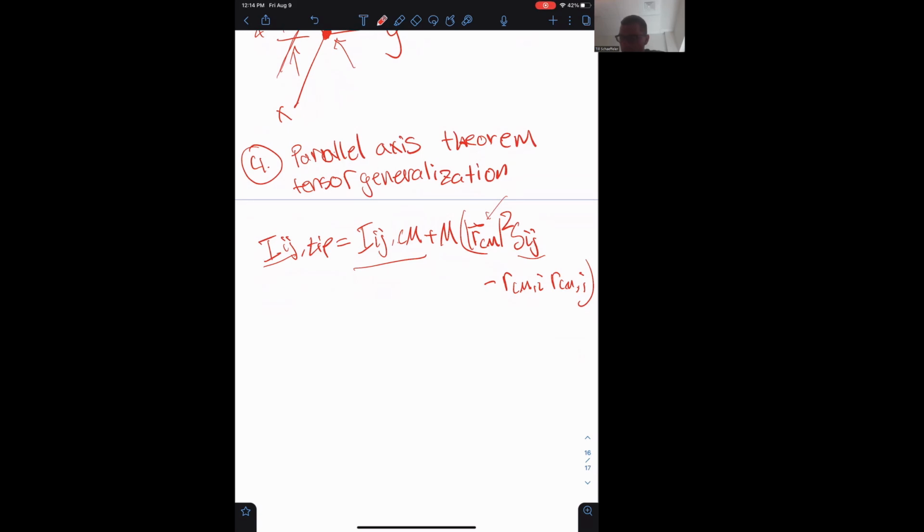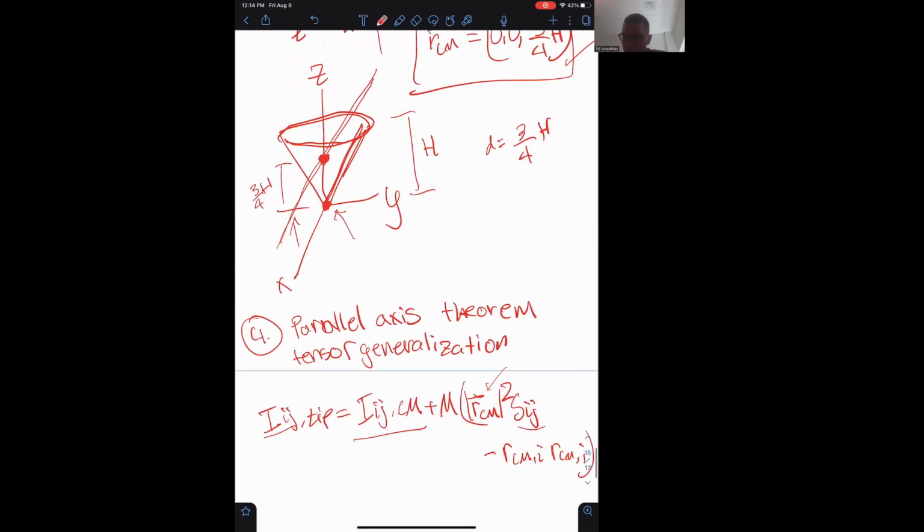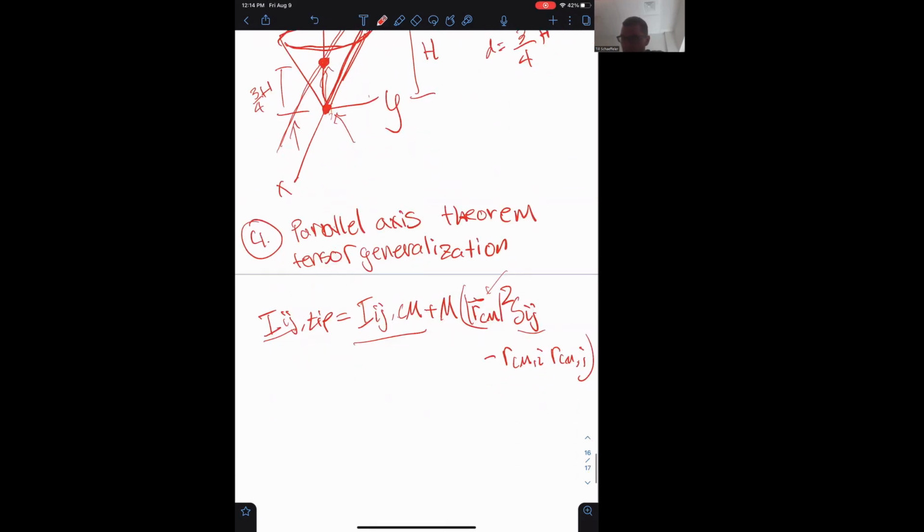And if we look at this, the only parts that are going to be non-zero are the ones that move from the original coordinate origin to the new center of mass origin. So what does that mean?